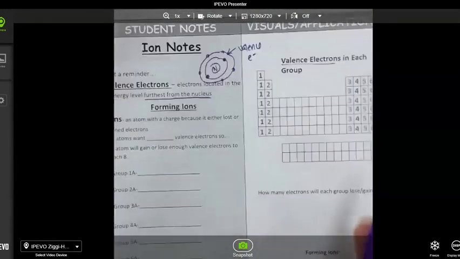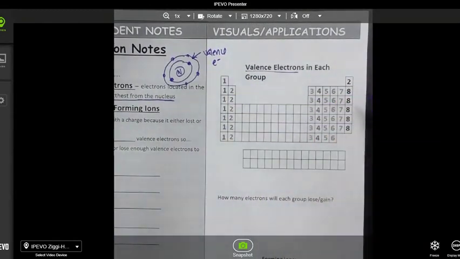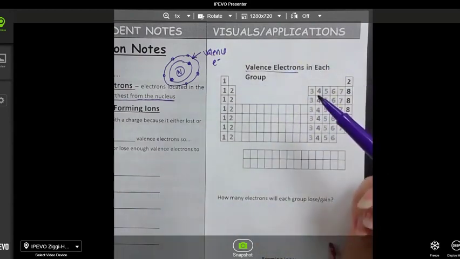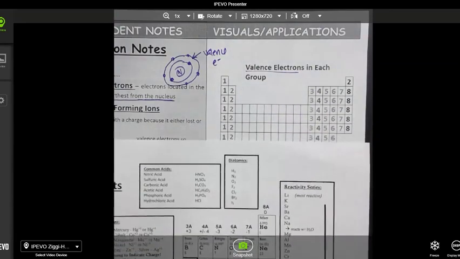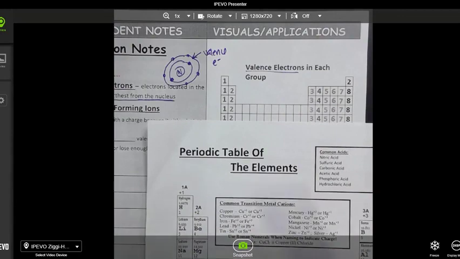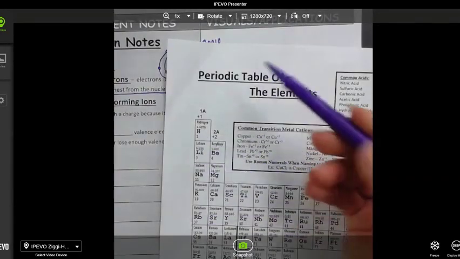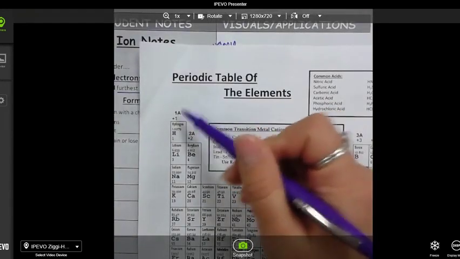Something that's unique about groups is every single group number, group 1, group 2, group 3, group 4, corresponds to the number of valence electrons in that group. So every one of these elements in group 1A all have 1 valence electron. That means they only have 1 in their outermost level.